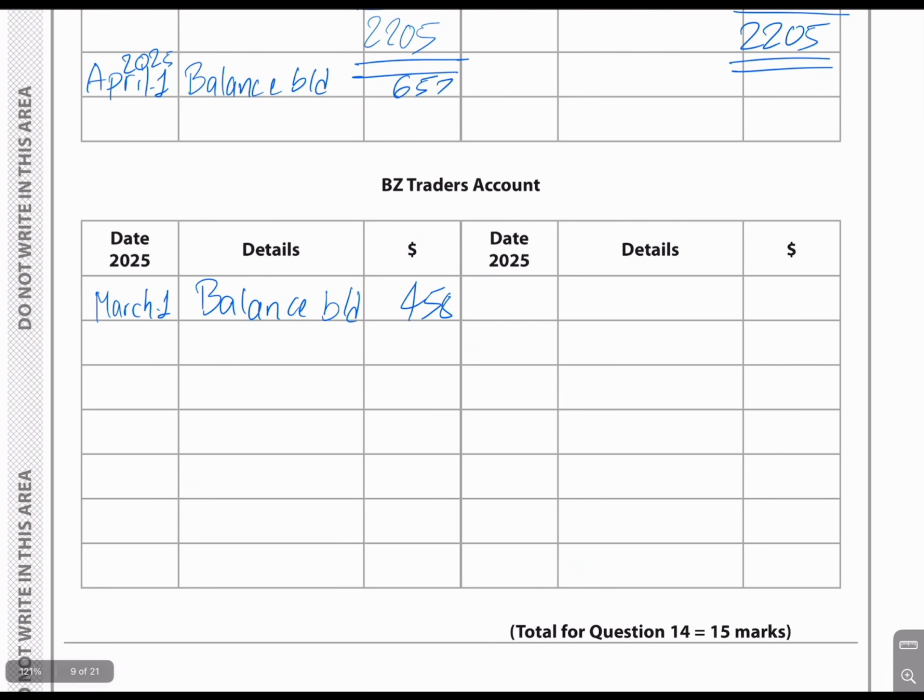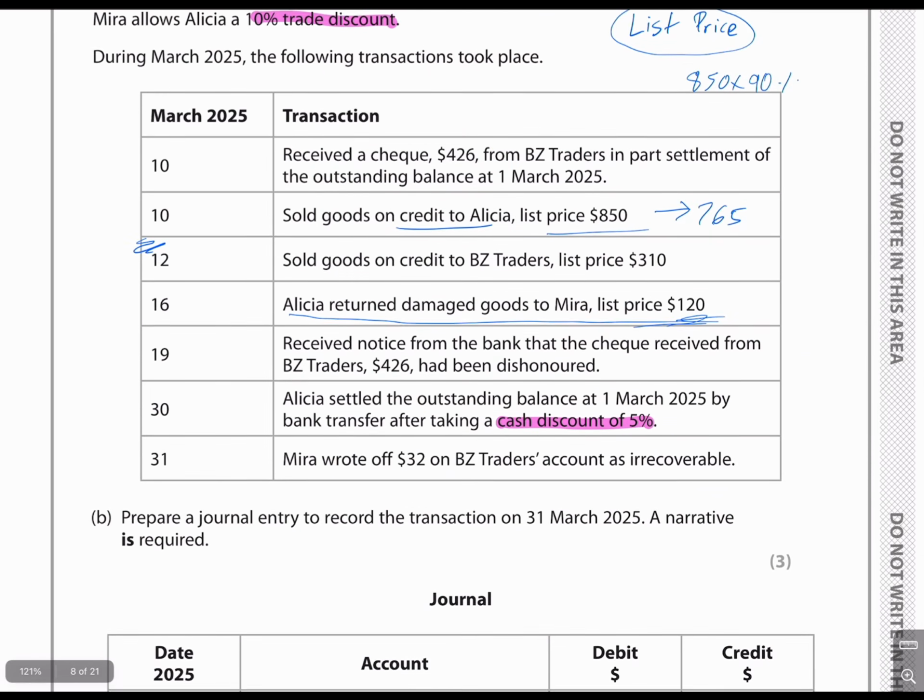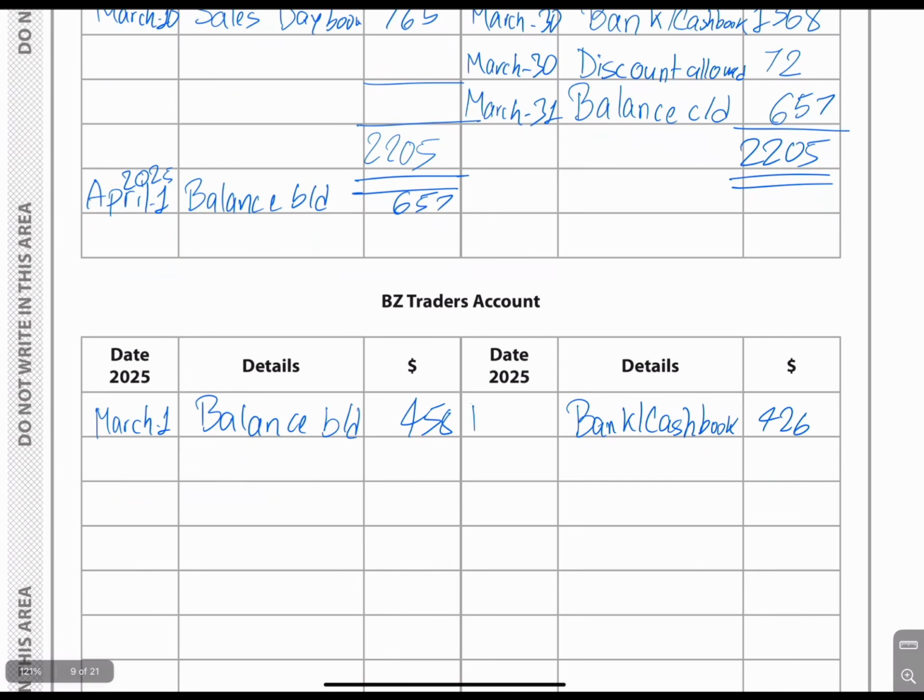As we are getting the amount back, it decreases our receivables, so it would be on the right side. You can either write bank, or you can also write cash book, whatever you want. 426, and the date was March 10.